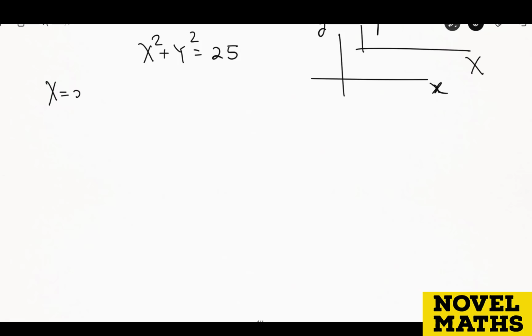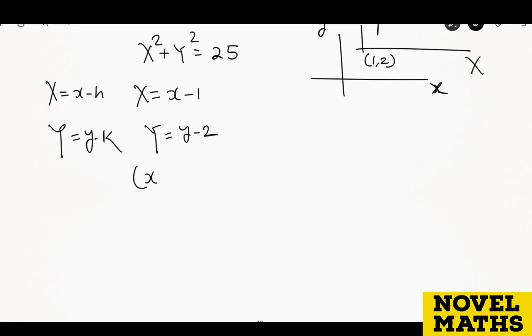So X is x minus h. h is already given, 1 and 2, right? This origin is (1, 2). Always visualize, okay? Don't memorize x minus h, x plus h, right? So X is x minus 1 and Y is y minus 2, and we need to just substitute and we are done.